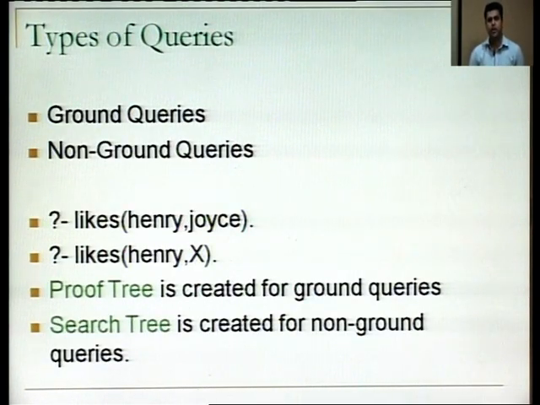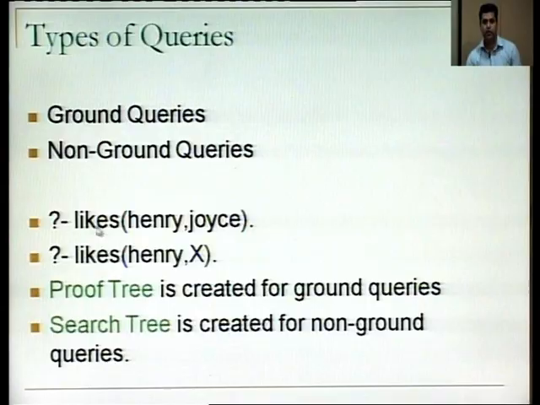See, as far as queries are concerned, there are two types of queries that you can put on the Prolog interpreter's interface. One is a ground query and another one is a non ground query. Ground query, what it is: if your query consists of only constants, let me tell you, anything that starts with a small letter is a constant in Prolog, and anything that starts with a capital letter is a variable.